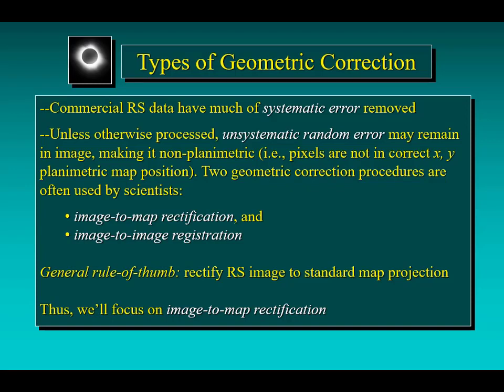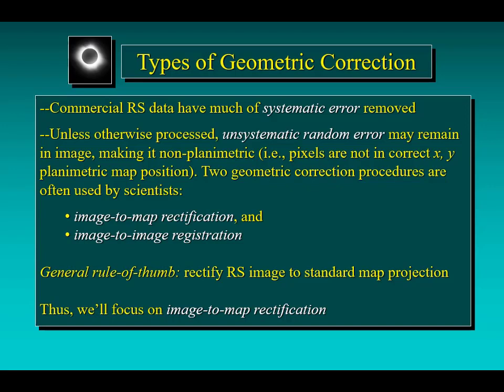However, unless otherwise processed, unsystematic random errors may potentially remain in the image, making it non-planimetric in nature, which again means that pixels within the image are not in their proper XY planimetric position. Now again, that statement says unless the image has already otherwise been processed.